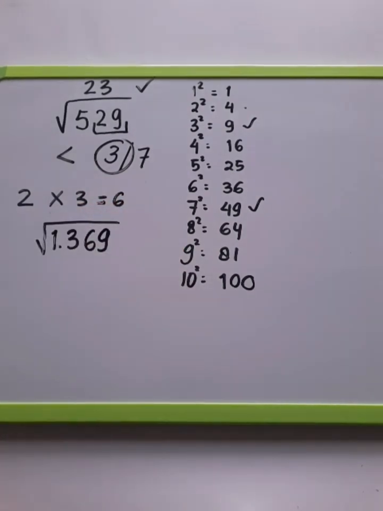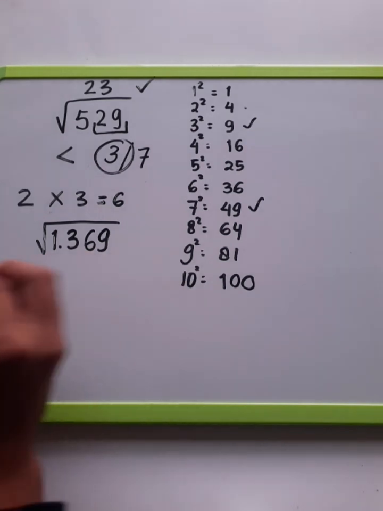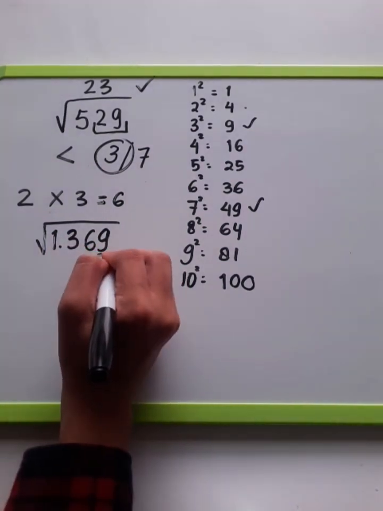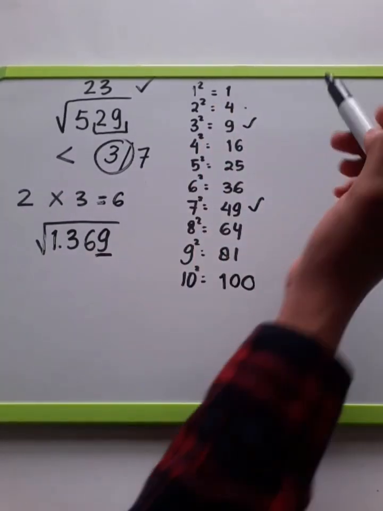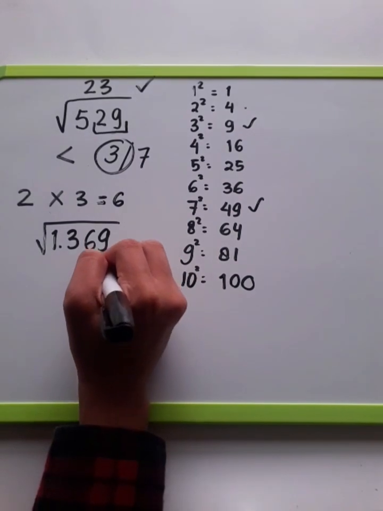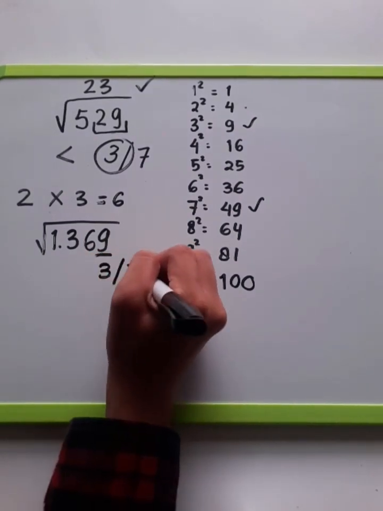1369. Okay, it's the same unit digit. What is the unit digit of this number? It's 9. Which perfect squares have unit digit 9? Yeah, it's still 3 and 7. 3 or 7.